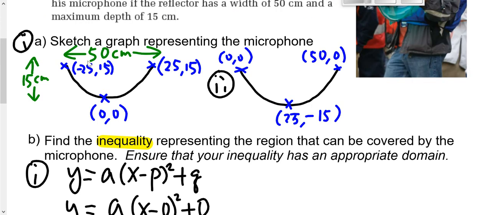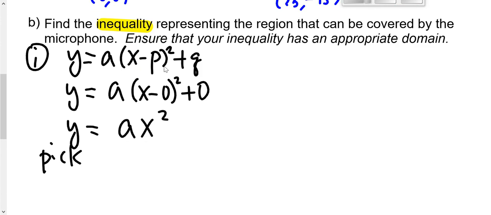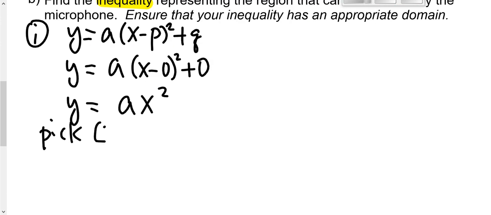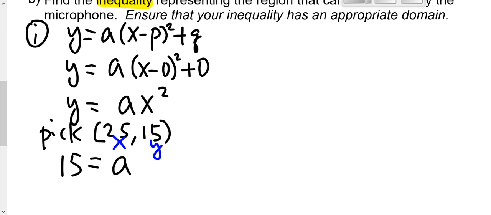There's nothing wrong if you use this one, but as I told you guys before, stay away from negative numbers or negative signs. So pick 25 and 15. That means this is my x and this is my y. So plug those in. y is 15 equals a, that's what we're trying to find, times x, which is 25 squared.